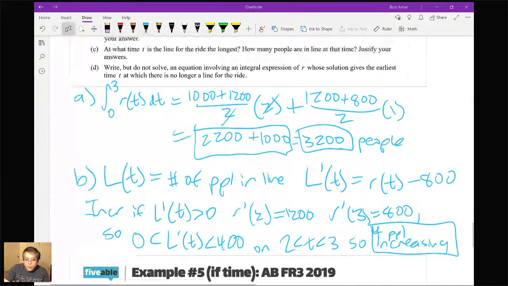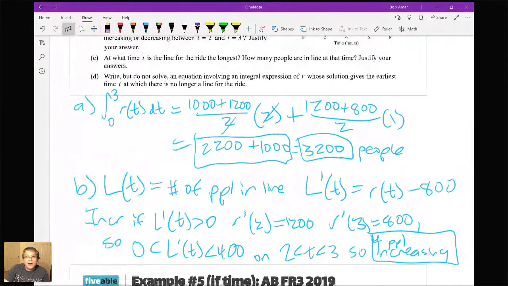All right, so for part C, at what time t is the line for the ride the longest? How many people are in line at that time?